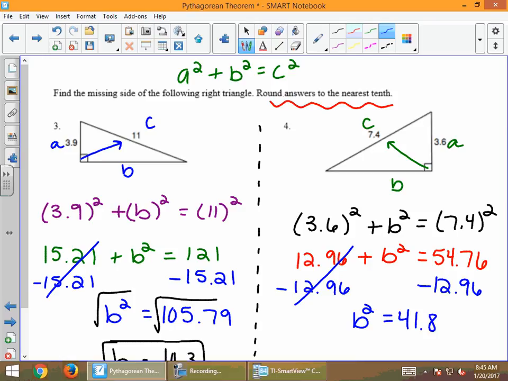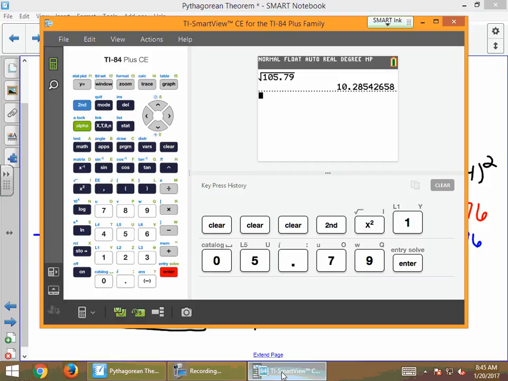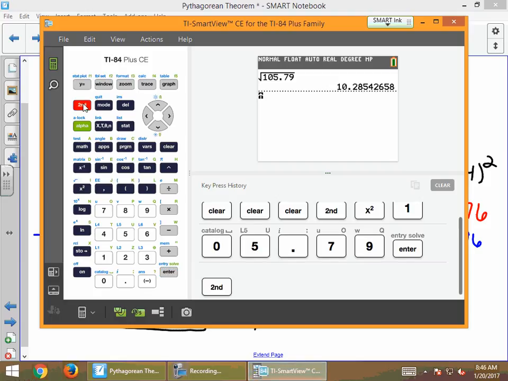And again, do not round until the very, very end. We want the most accurate answer as possible. To get B by itself, we're going to go ahead and square root. That gets rid of your square. And when you plug this in your calculator, you're going to do second or inverse, whatever type of calculator you have, x squared, wherever that is on your calculator. I have a graphing one.